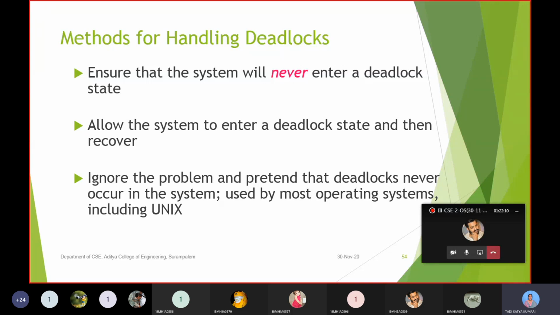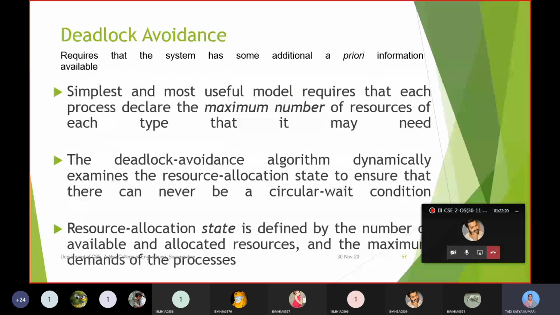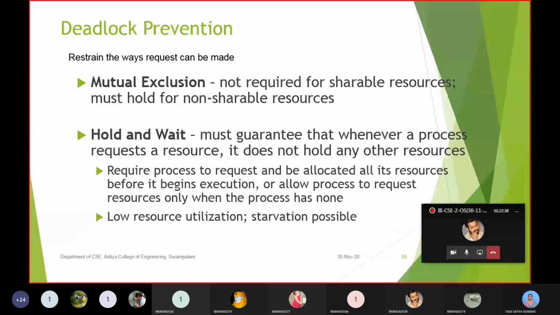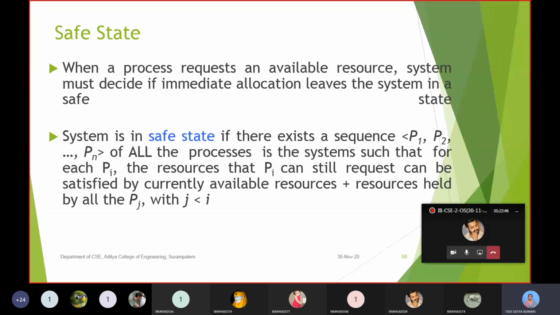The first one is to ensure that the system will never enter a deadlock state, under which we discuss deadlock prevention and deadlock avoidance: how you can prevent the occurrence of the deadlock, and how you will avoid it. Tomorrow we will discuss deadlock prevention and avoidance.